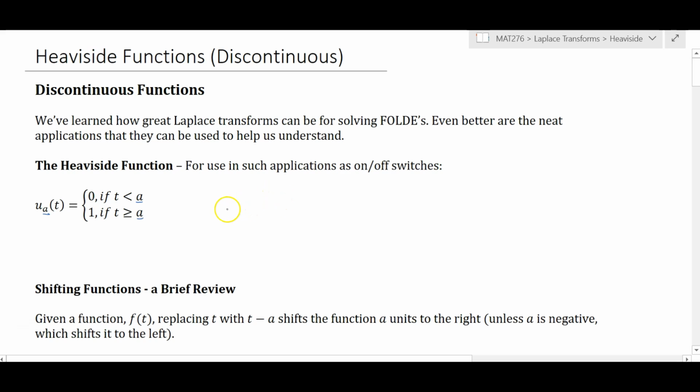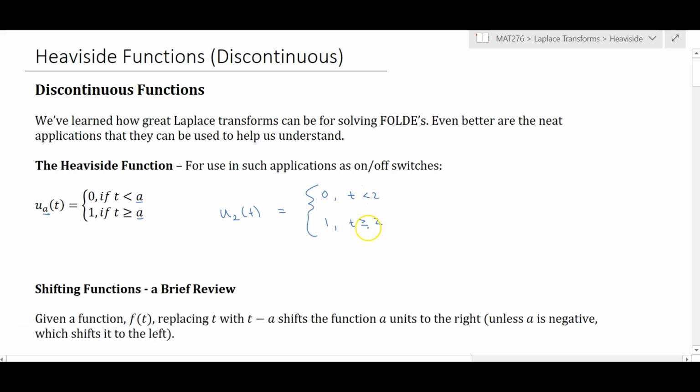So if, for instance, we took a look at the Heaviside function, u sub 2 of t, well, what that would look like is it would take a signal of 0 for t is less than 2, because that's the subscript we chose to use here, 1 if t is greater than or equal to 2.